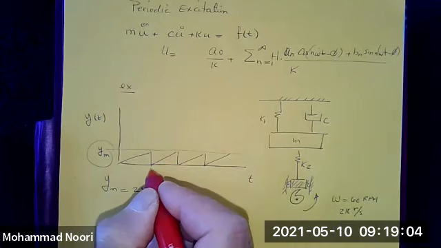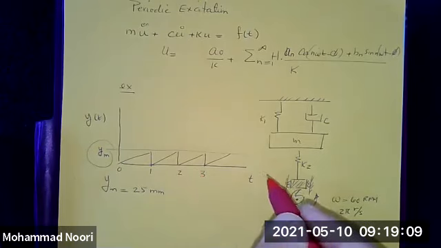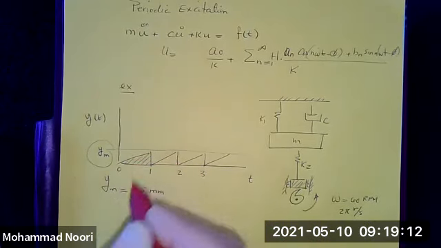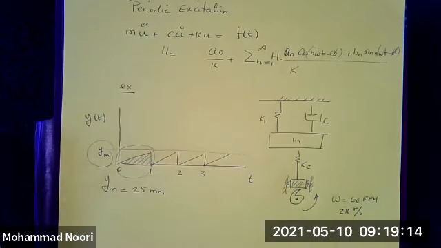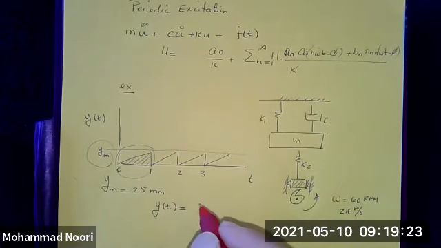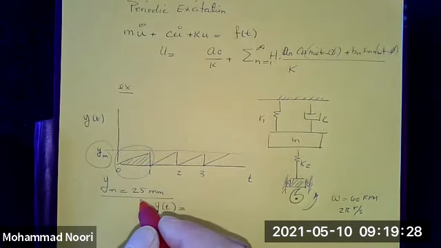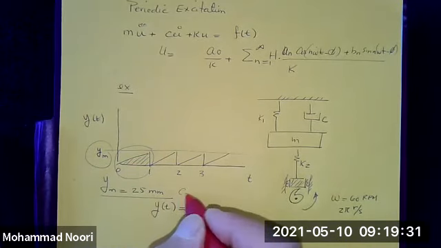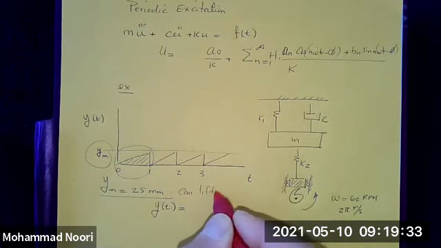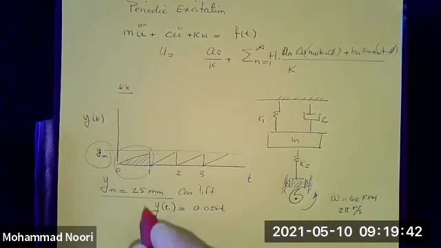This sawtooth function goes like this: 0, 1, 2, 3 in terms of seconds. So for the first period of this function, which is what we need, given the cam lift as 25 millimeter, this function can be described as 0.025 t.